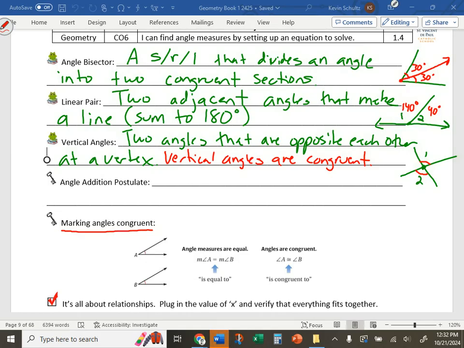You bet. If I label angle 3 and angle 4, they are also opposite each other at a vertex, which means their relationship is also congruent. Only I can't mark them with one arc because I don't know if they're the same as angles 1 and 2. So 2 arcs. Good job.